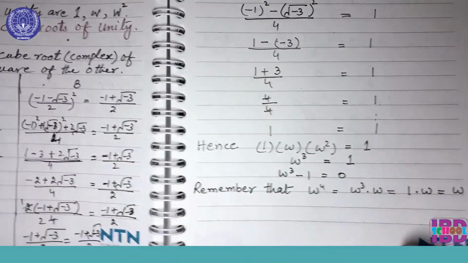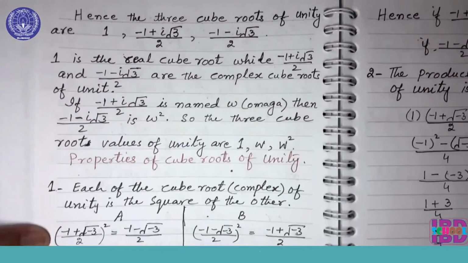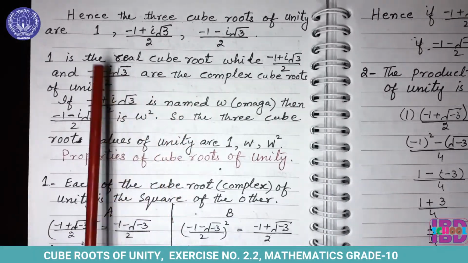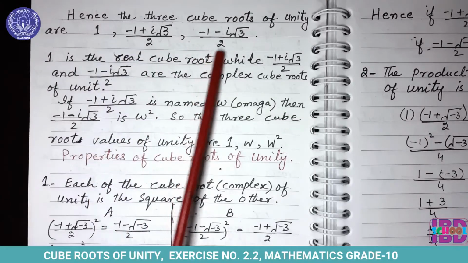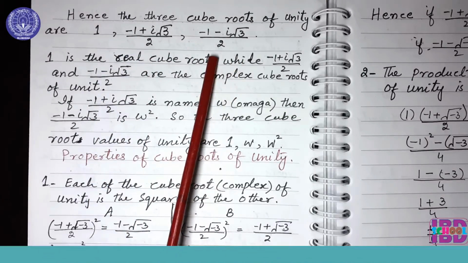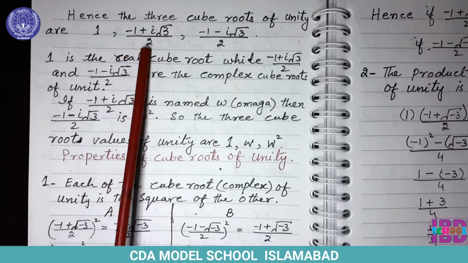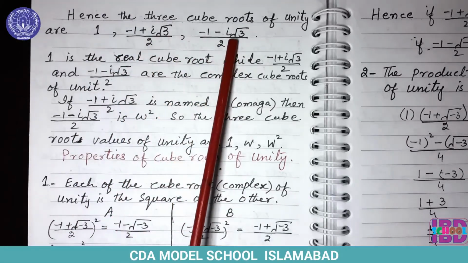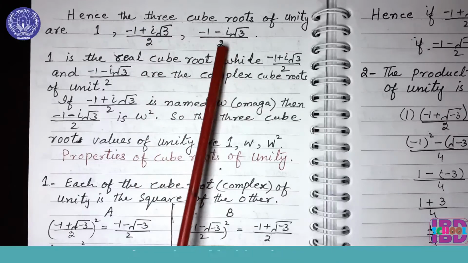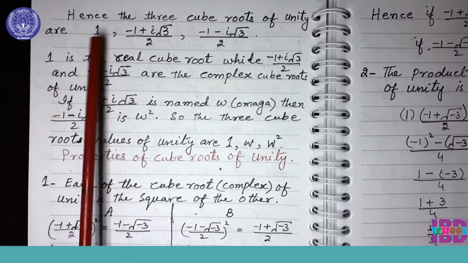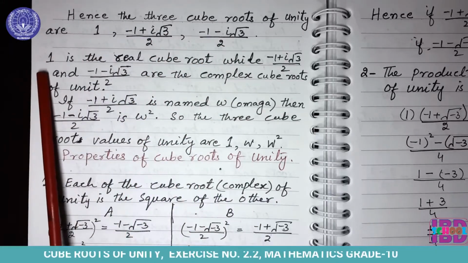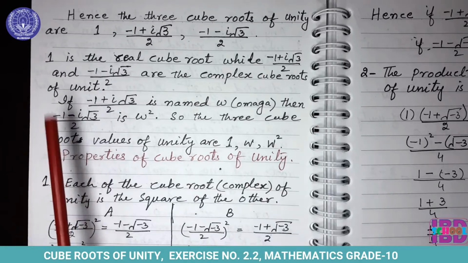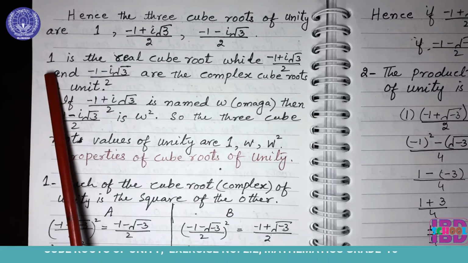And minus 1 plus iota under root 3 by 2 and minus 1 minus iota under root 3 by 2 are two complex cube roots of unity, where iota is equal to under root minus 1, which is a complex imaginary number.